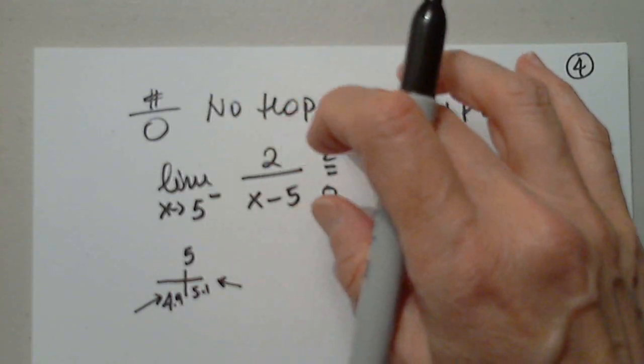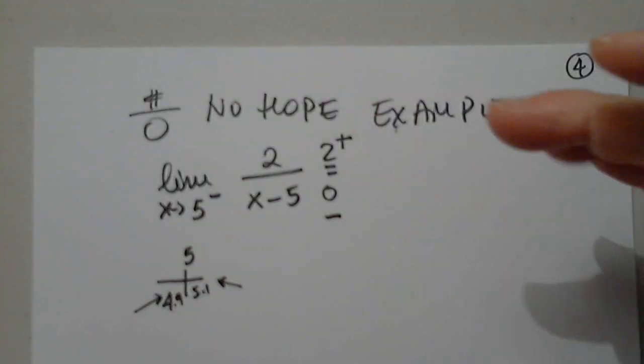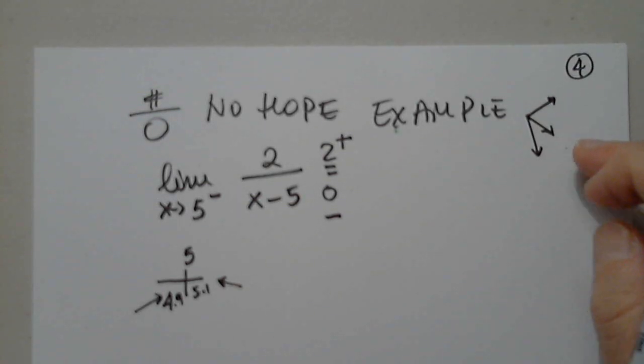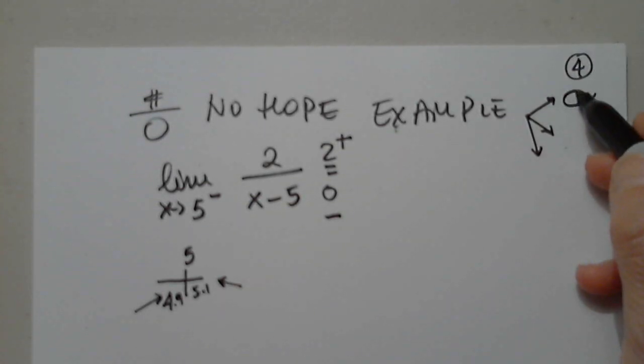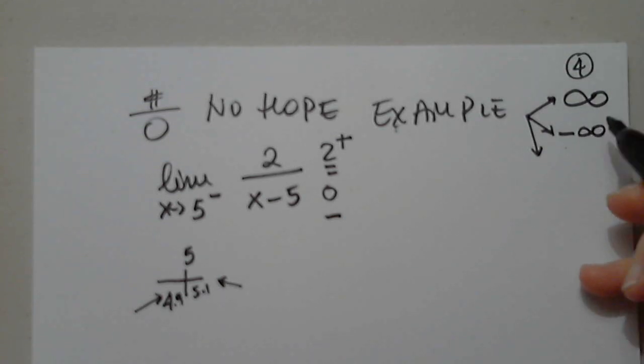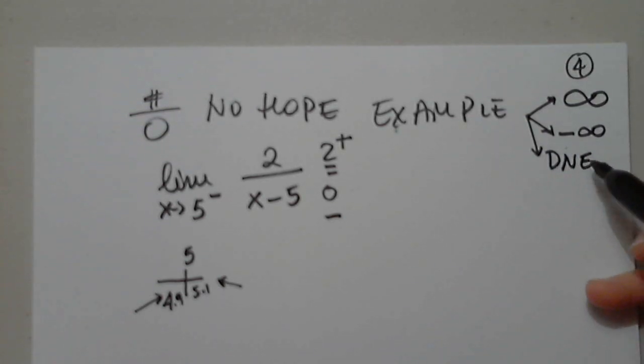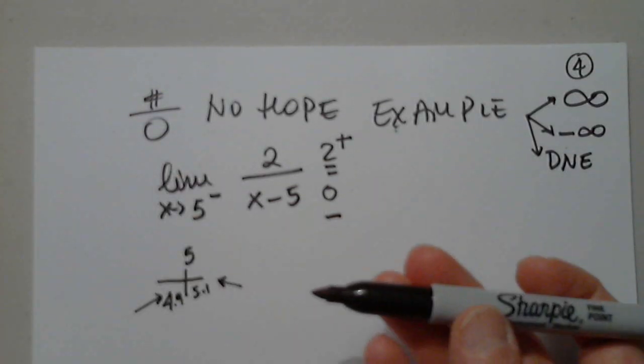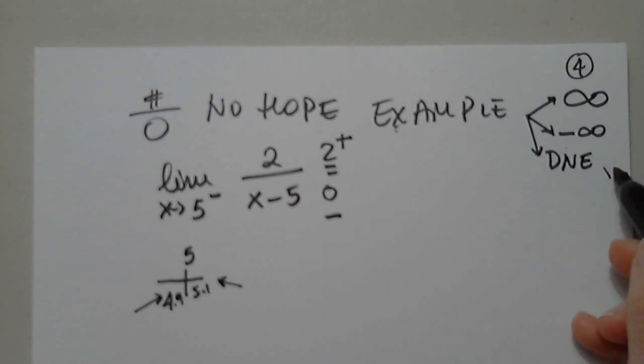Remember, a no hope situation has 3 options. We have to choose from these 3: either infinity, negative infinity, or DNE. It cannot be DNE because we are only looking from one side. We don't know what's happening on the other side. So it's not this.